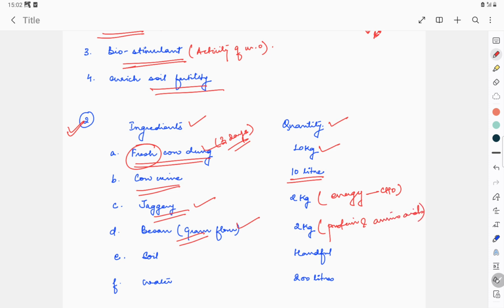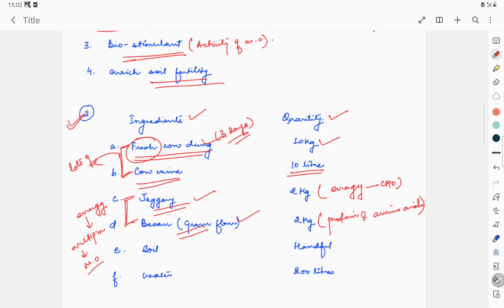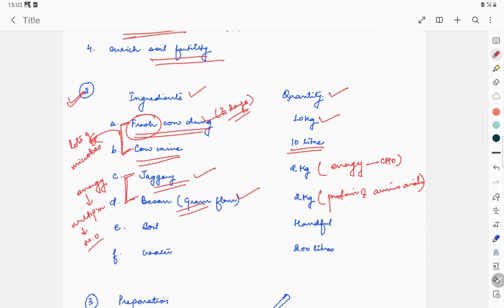So it is going to support the growth of the beneficial microorganisms. So these two factors are very important, as they provide the energy needed for the multiplication of microorganisms, and these two are going to bring in lots of microbes that we need to make the Jeevamrit.